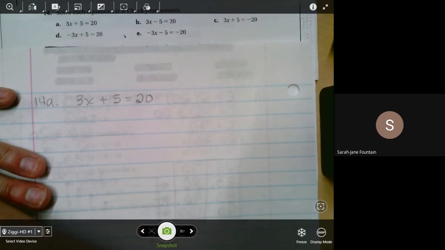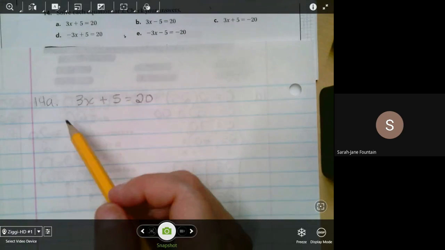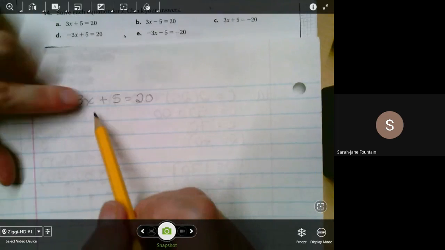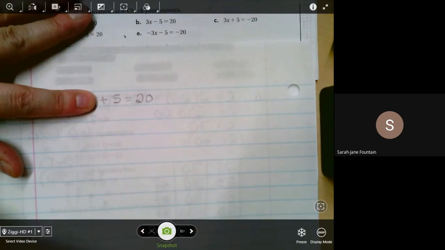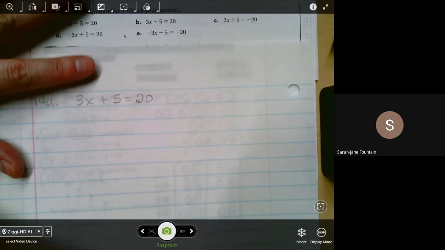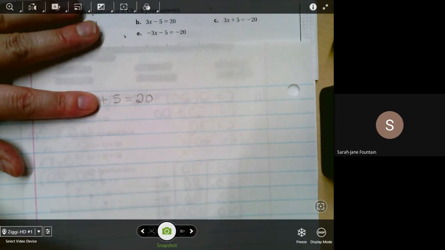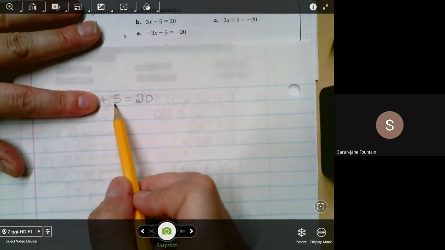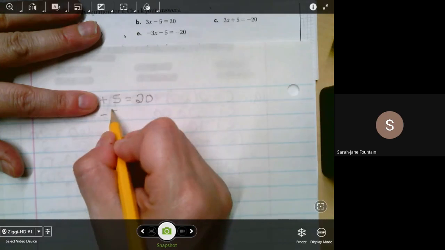Well, I want to get x by itself. So the easiest way to get x by itself is to get rid of everything else. If I look at that without the variable, I have plus 5 equals 20. Well, if I have plus 5 on this side, I need to use the inverse operation to get rid of it, which is minus 5.